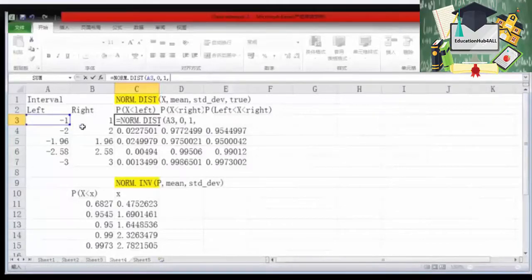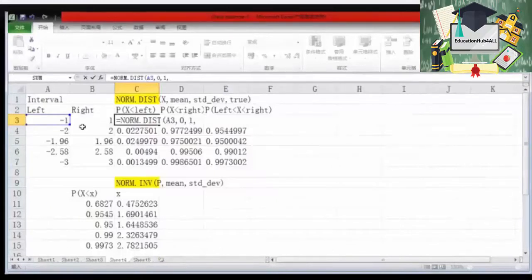And here we see there are two options, true or false. If we give true, actually, we will only have the height of this one. So it only tells us this point. If we input false, that's the height.